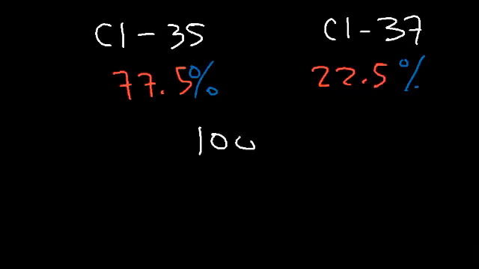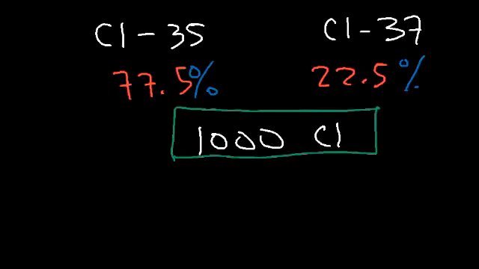So if we have 1,000 chlorine atoms in this sample, how many of those atoms would be chlorine 35 and how many is chlorine 37? So out of 1,000 atoms, 775 would represent chlorine 35.